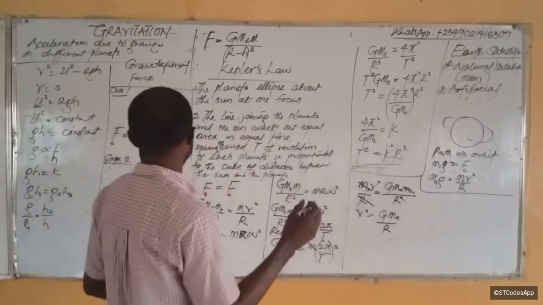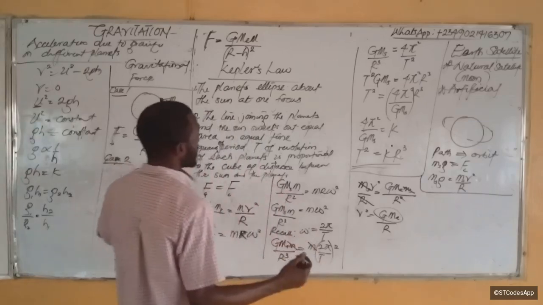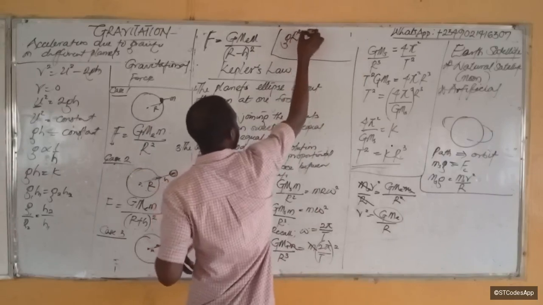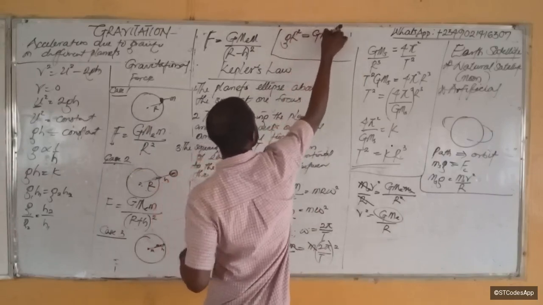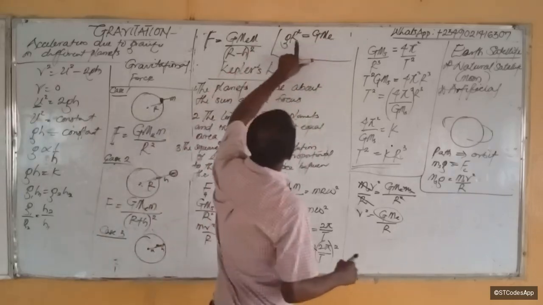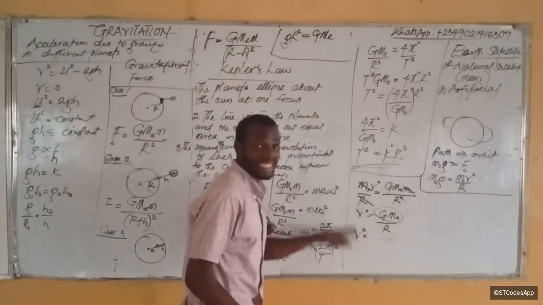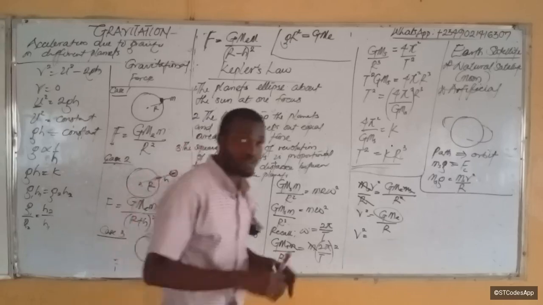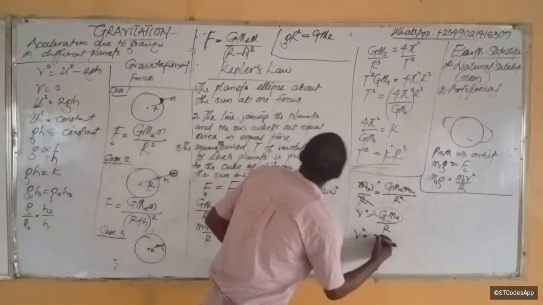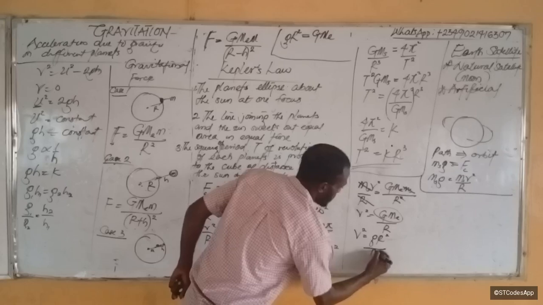Now, remember that G m sub e, recall that I said that g r squared is actually G m sub e. Do you remember this? We generated this formula before. So if that's the case, I can substitute it so that v squared, the velocity of that satellite that is enabling it to maintain that orbit around the Earth, is going to be equal to g r squared over this r.